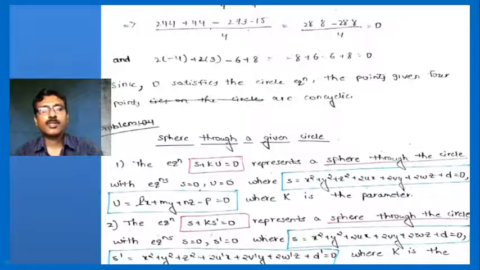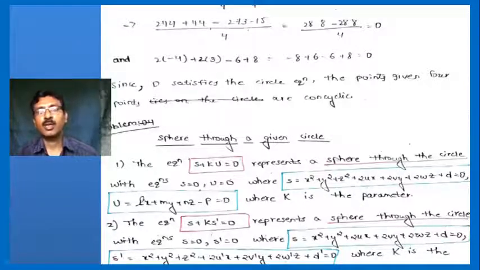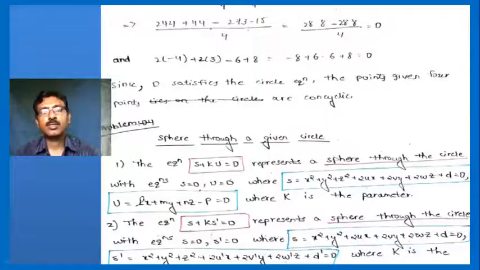In the last class, we discussed the problems related to the equation of a circle. The circle is the intersection of a sphere and a plane, and we also showed that the given four points are concyclic.